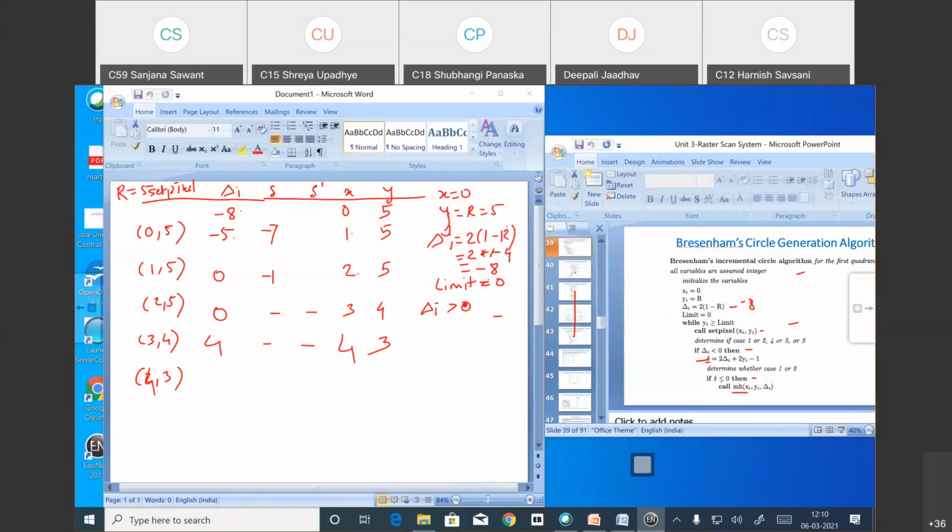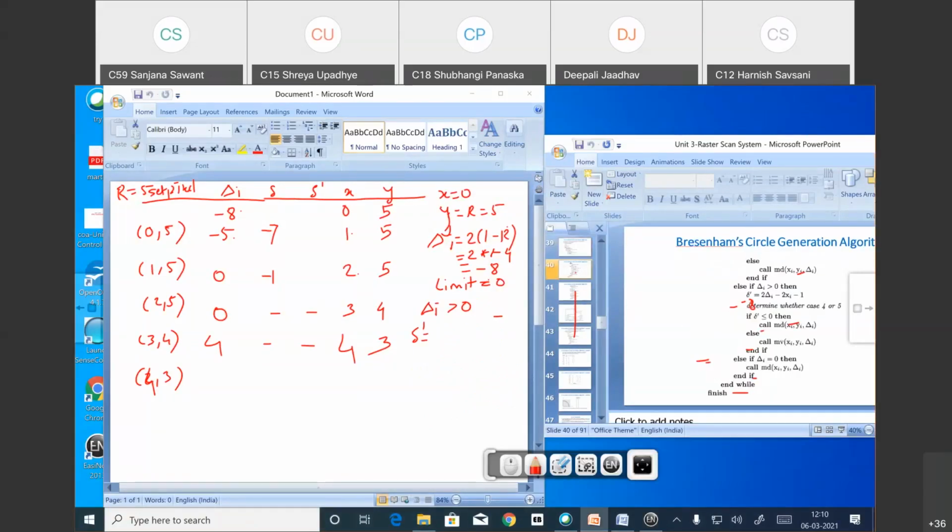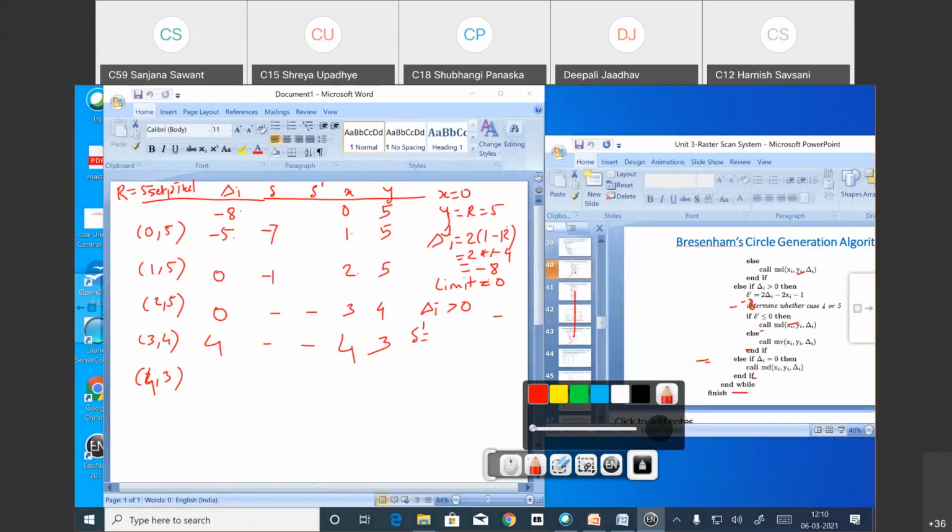If delta I is greater than 0, then what we calculate? Delta dash. How to calculate delta dash? 2 delta I minus 2 delta x, 2 delta I minus 2 xi minus 1.